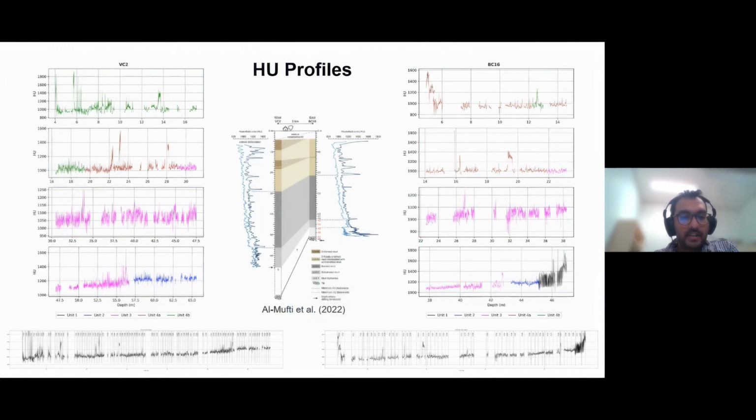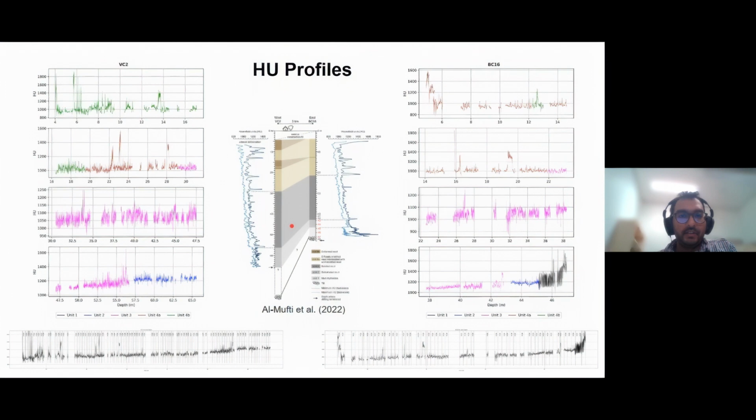Another important thing, which Mark also mentioned: we can see an increasing trend in the HU values as you go down the borehole. This is likely to be related to the compaction that occurs with depth.